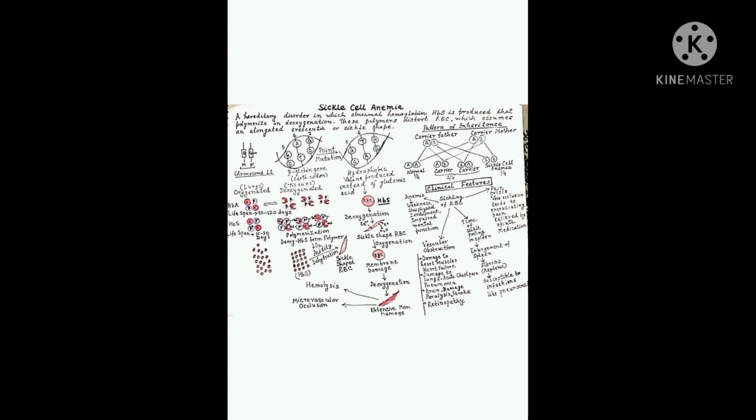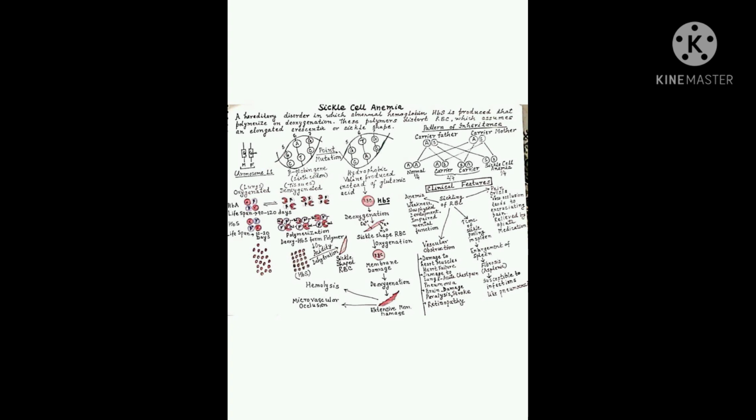So sickle cell anemia is a hereditary disorder in which abnormal hemoglobin S is produced, and this hemoglobin S polymerizes on deoxygenation. जैसा भी हमने यहाँ पे discuss किया, this is the hemoglobin S. When it releases oxygen to the body tissues, when it gets deoxygenated, it forms the polymers.